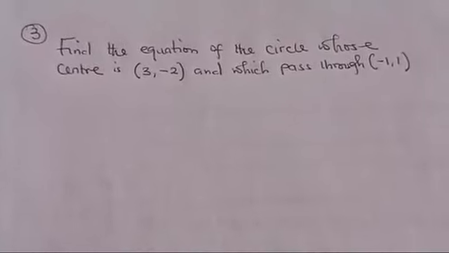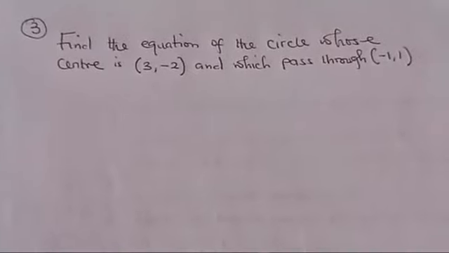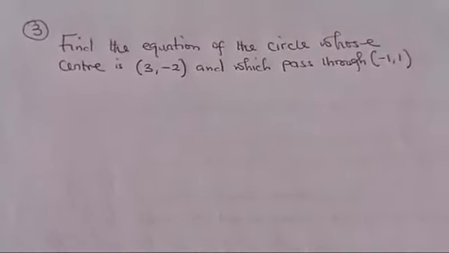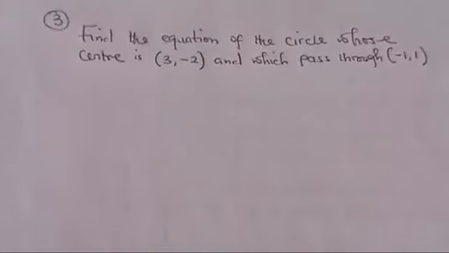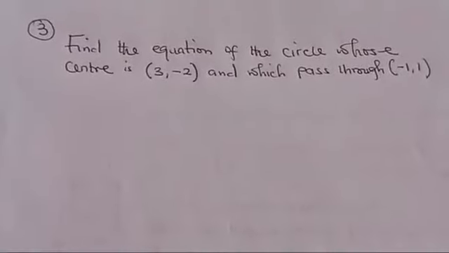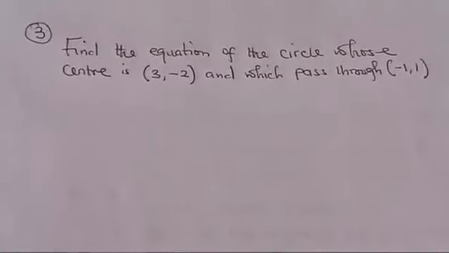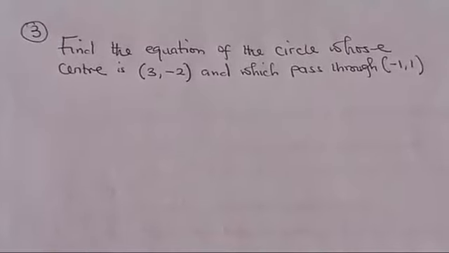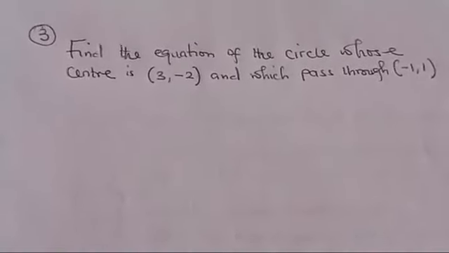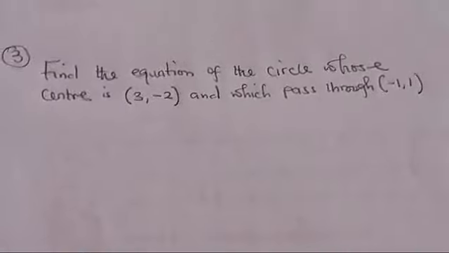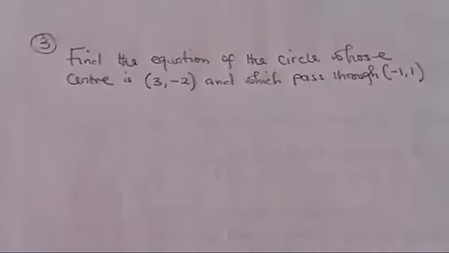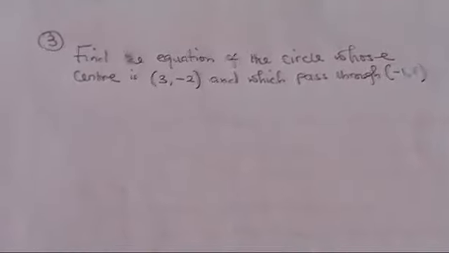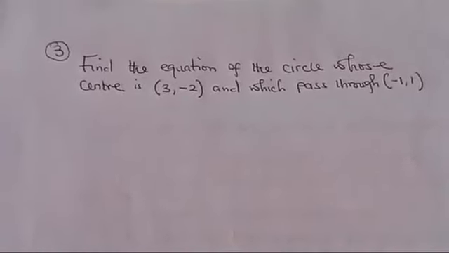We are to find the equation of that circle. For this question, it's worthy of note that the radius is not given to you. So we are going to use the data given to us to get the radius first, because without the radius, you cannot find the equation of a circle. So the first thing we need to do is extract the data and solve for the radius before we can proceed to finding the equation of the circle.